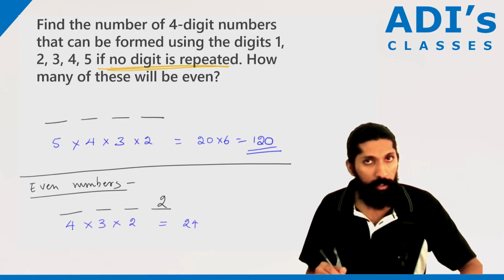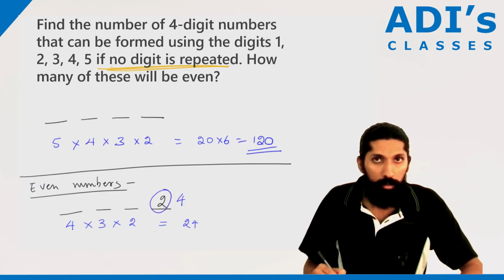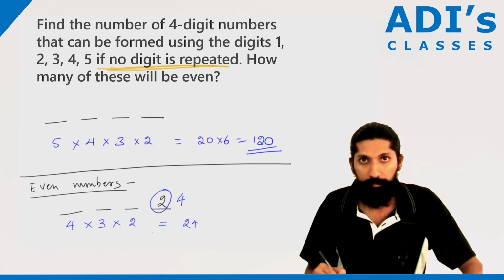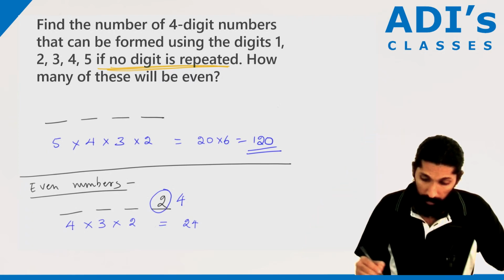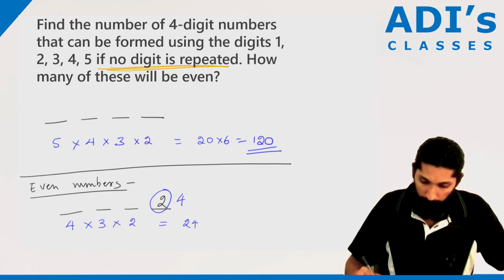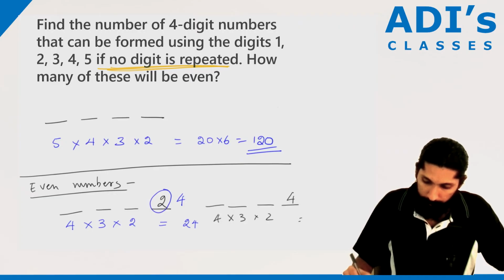Don't you think even if you have 4 instead of 2, suppose if you have 4, the number of arrangements are going to be the same, correct? Make sense? So that means even for 4 also, even numbers. So next what you have, 1, 2, 3, here you are going to have 4. Again, you are going to have 4 into 3 into 2 itself, which is going to be 24.